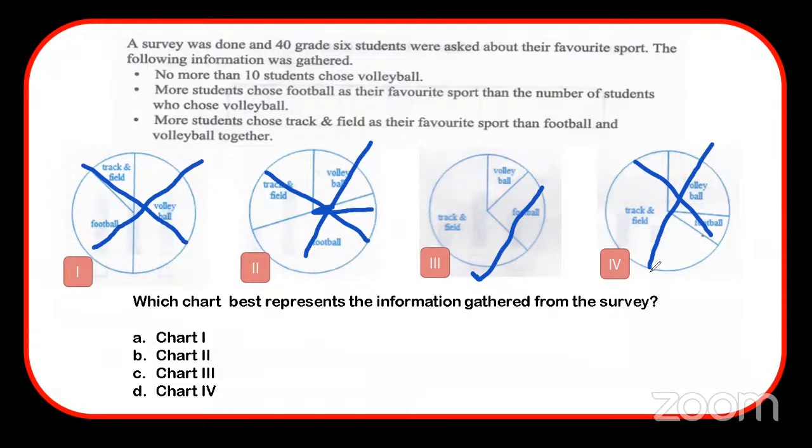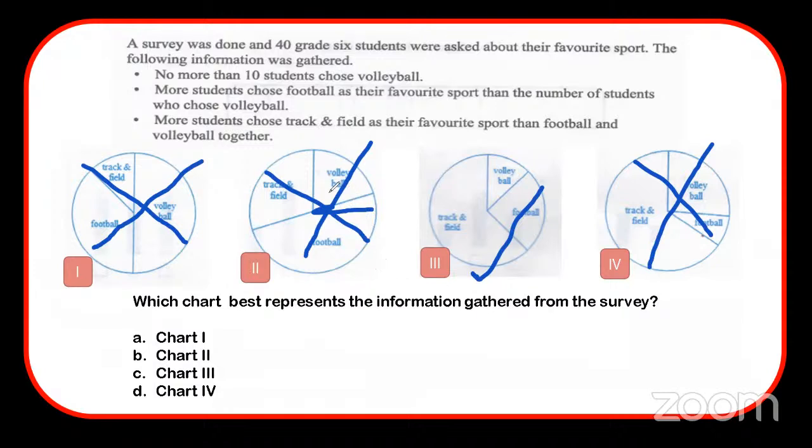All right. So yes, guys, I see a lot of you saying chart 3, and I hope after the explanation and the analysis we have done here with the 4 charts, everyone will now be agreeing that chart 3 best represents the information that is gathered from the survey.